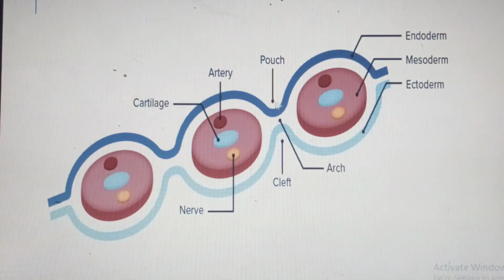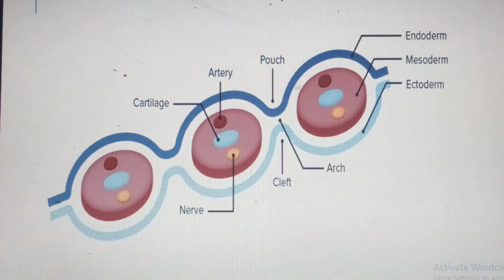This constricted area, formed mainly by endoderm from the medial aspect and ectoderm laterally, is what we call the pharyngeal membrane. The constricted area of the ectoderm is what we call pharyngeal clefts. So anytime you hear clefts, then it is ectodermal.